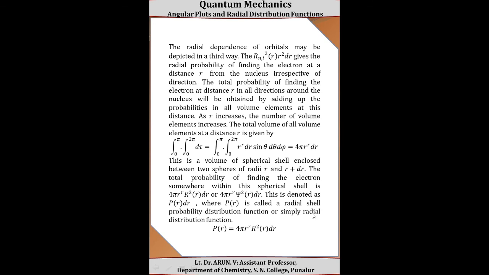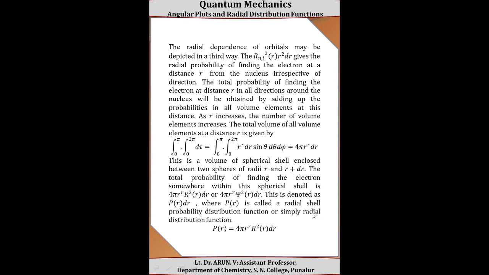The total probability of finding an electron at a distance r in all directions can be obtained by adding up the probability in all volume elements at this distance. That is, as r increases, the number of volume elements increases. The total volume of all volume elements at a distance r is given by the integral of 0 to pi, integral 0 to 2 pi of d tau.